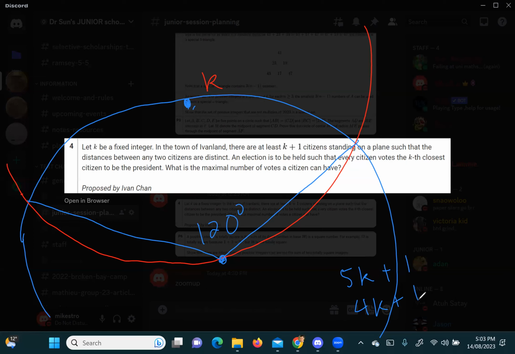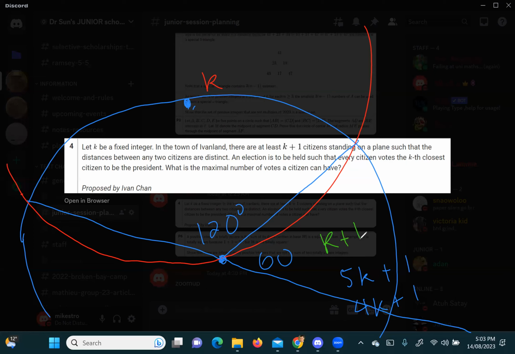Okay, and there's 4K plus 1 voters, and there's 240 degrees left, right? Can you see that means K plus one of them has to be in a 60-degree sector. It's 60 degrees, so there has to be K plus one. It's the pigeonhole principle, yeah?